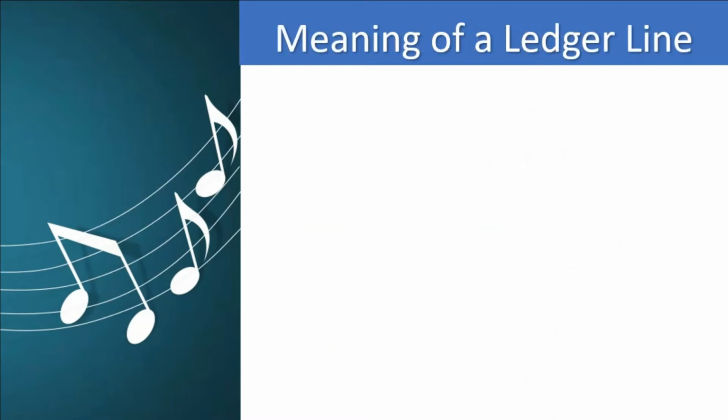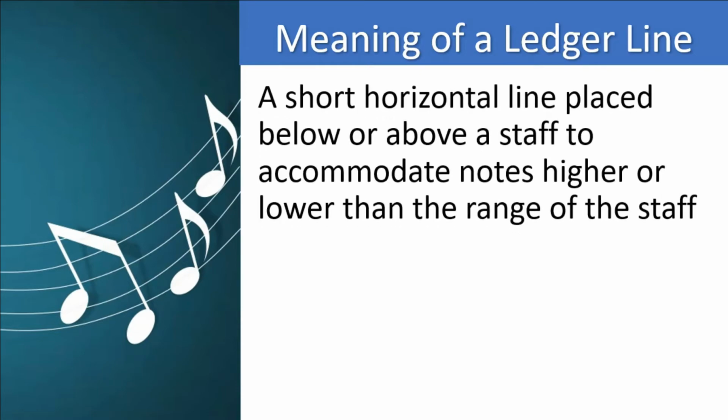Now let's look at the meaning of a ledger line. A ledger line is a short horizontal line that is written above or below a staff to accommodate notes that are either too high or too low for the staff. So these are short, horizontal lines written above or below the staff. You can find ledger lines either above or below the treble staff, or above or below the bass staff.